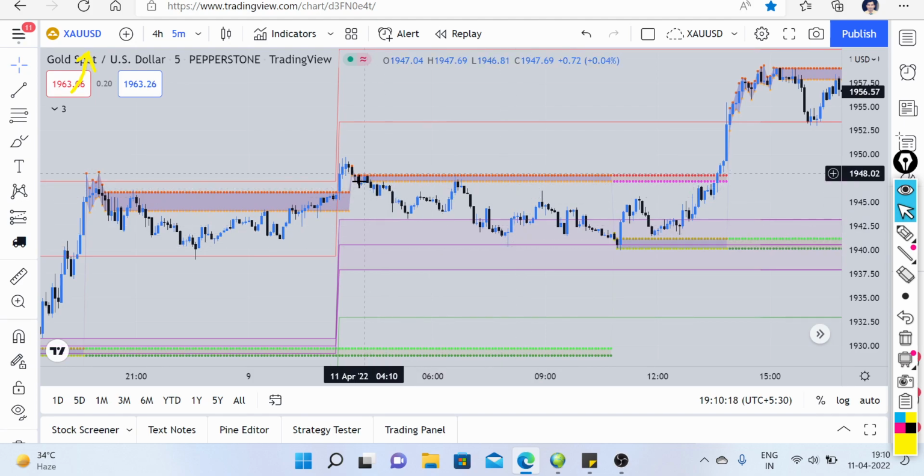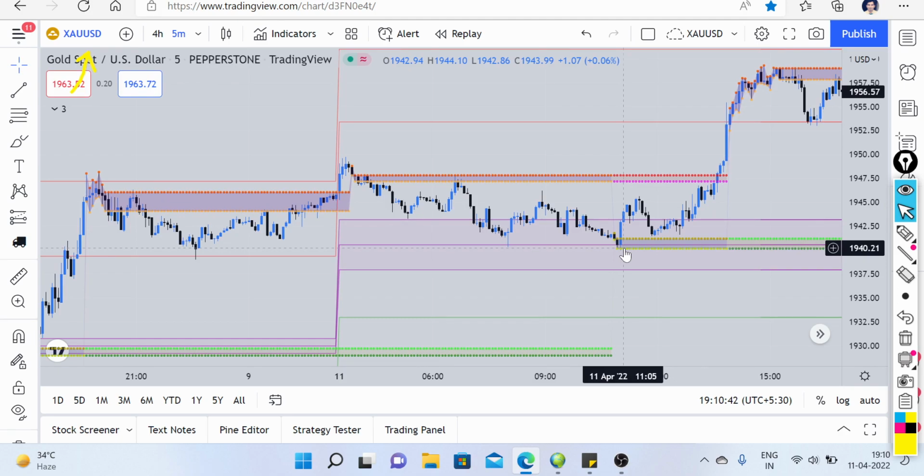As you can see, we have seen a rejection over to the 1950 area, and after rejection we have seen support from the central pivot, the CPR range, and again after bouncing from this we see support from this area.